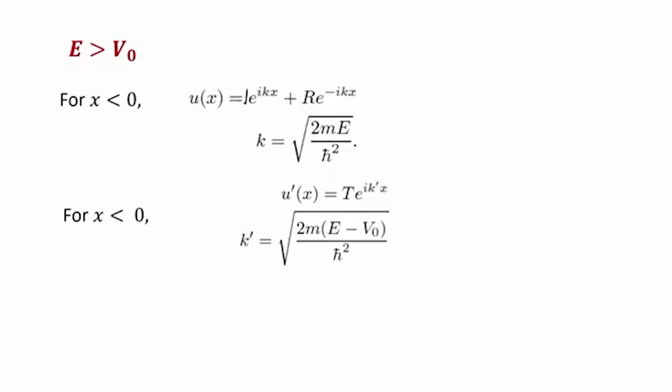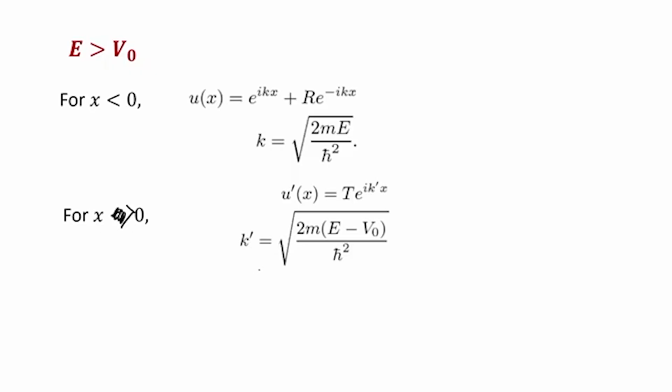So there is an amplitude 1, part of it is reflected, so we call it r, and a part of it is transmitted, we call it t. So this amplitude is equal to 1, that's why it's not written there, and this r is the reflection amplitude, k is equal to root over 2 m E by h cross square. Here, sorry, this has to be x greater than 0.